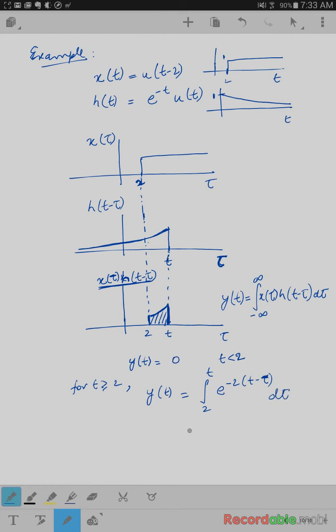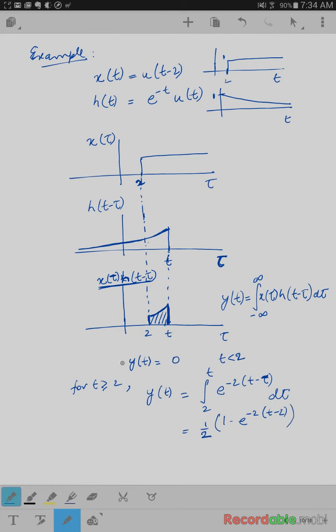And if you do this integration, you find that this is equal to half, it actually does require a little bit of algebraic manipulation, but at the end of the day what you end up getting is e to the power minus 2 times t minus 2.